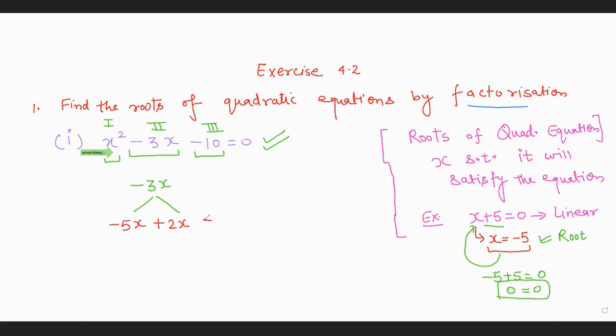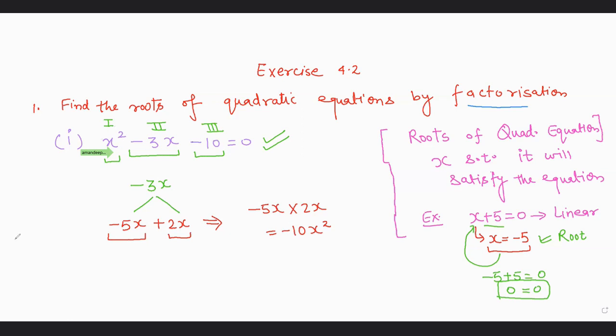If you take the product of these two factors, negative 5x into 2x, their product is negative 10x square. So you have to choose the factors of minus 3x such that their product is equal to minus 10 into x square.